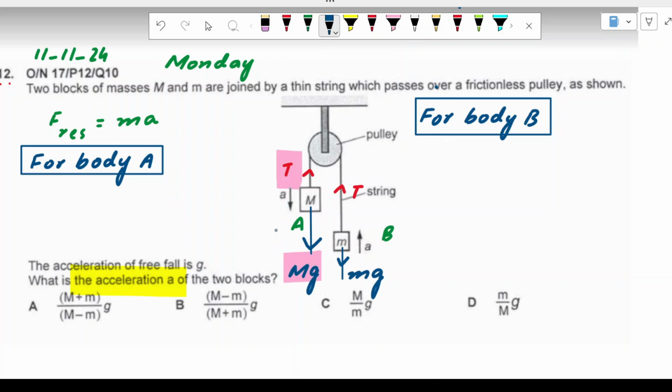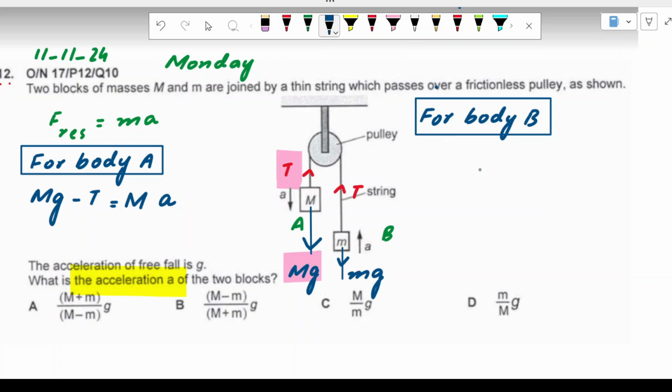Which one of these two forces is greater? The answer is the one in the direction of the acceleration. So the resultant force would be the bigger force minus the smaller force, and that equals Ma. What is the mass of the object A? Capital M. So that's it. This is the first expression that we have.